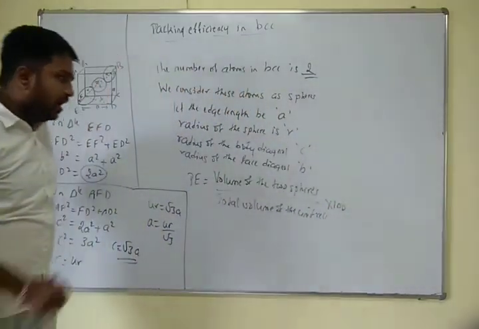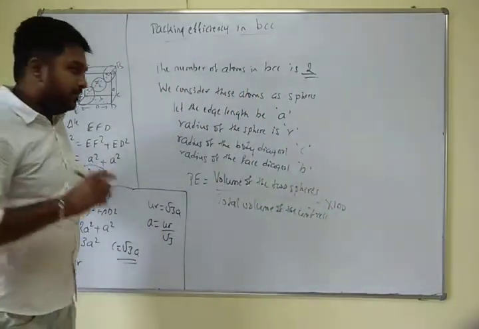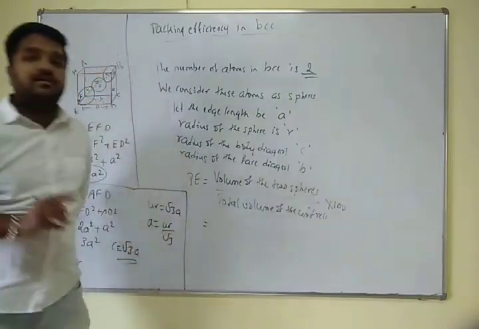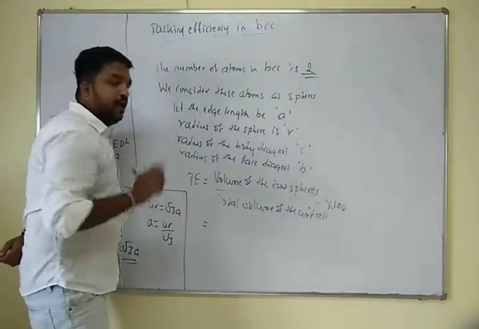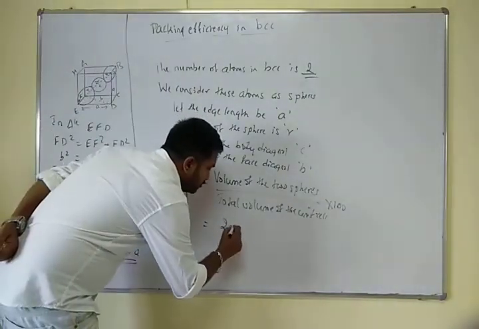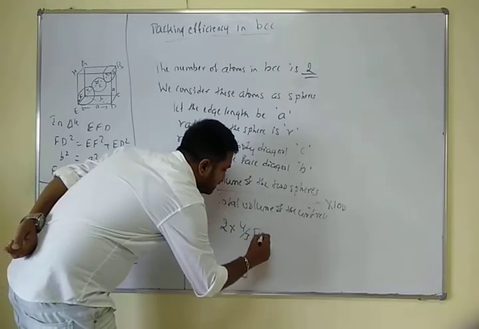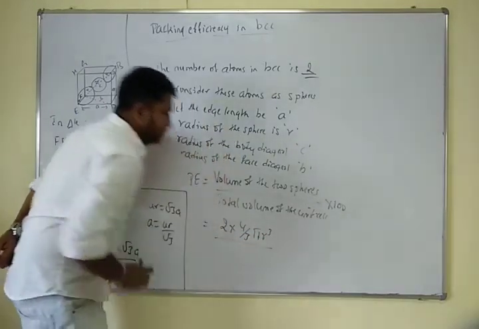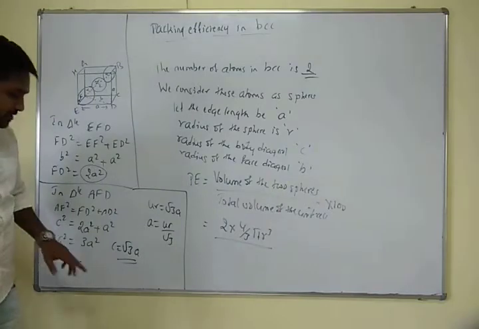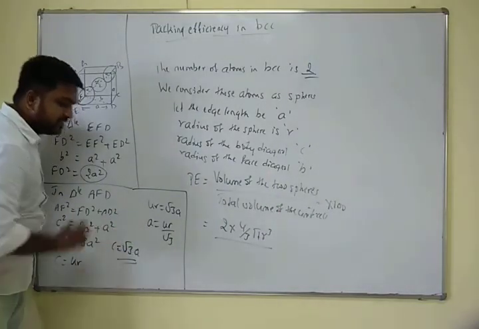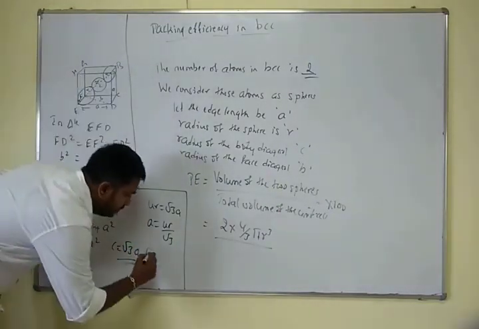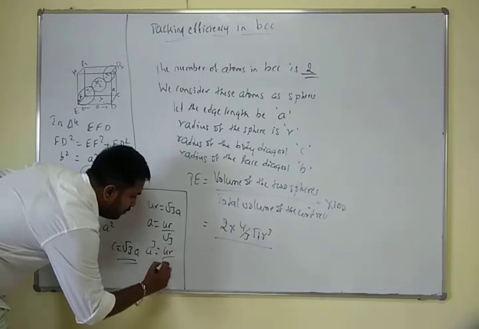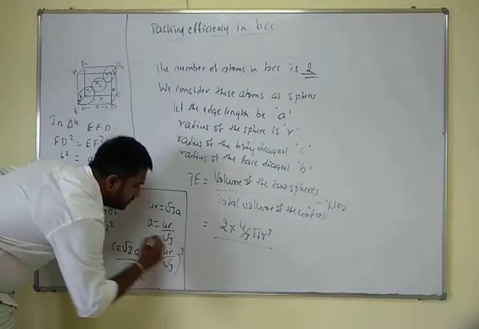Clear? Volume of one sphere is 4 by 3 pi r cube. So we have two spheres here, so it is 2 into 4 by 3 pi r cube by the total volume of the unit cell. Total volume of the unit cell is A cube, and A cube is (4r by root 3) whole cube.